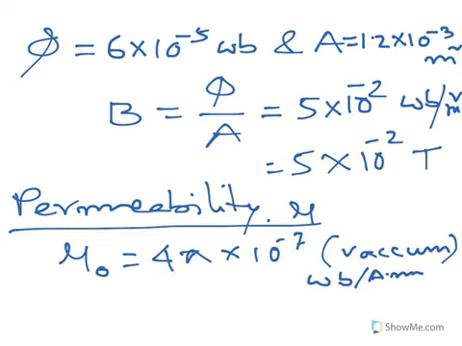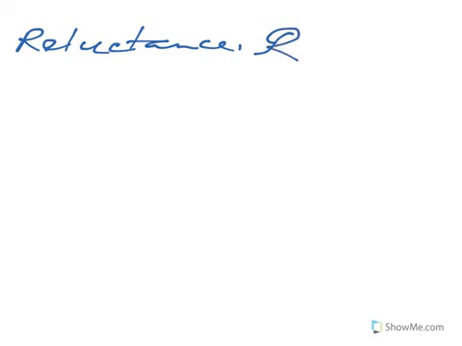The relative permeability by definition is the ratio of the permeability of the core material divided by the absolute permeability, or the vacuum permeability. The next parameter of the magnetic circuit is the reluctance. This is the symbolic representation of the reluctance, and it is similar to the resistance in an electrical circuit.